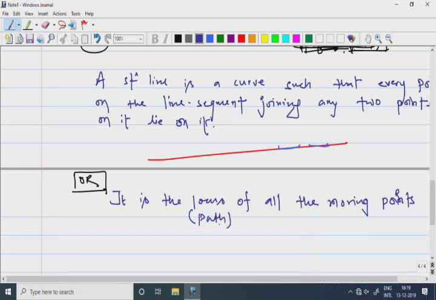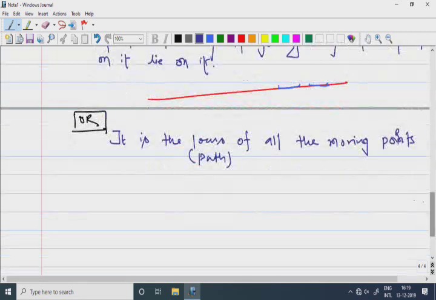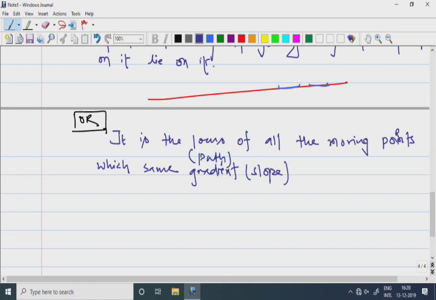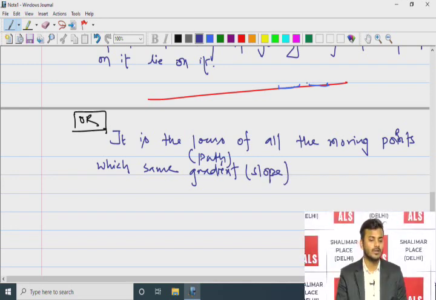In short, it is the path of all the moving points which have the same slope. Gradient means slope. Of course, not parallel lines, but on the same line.